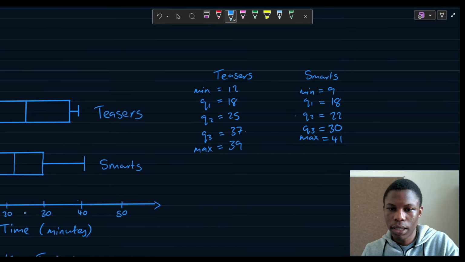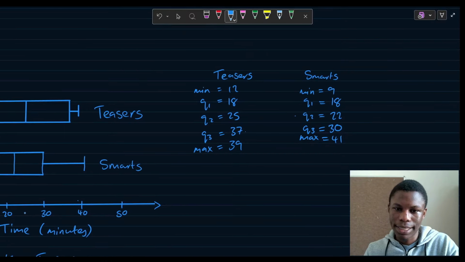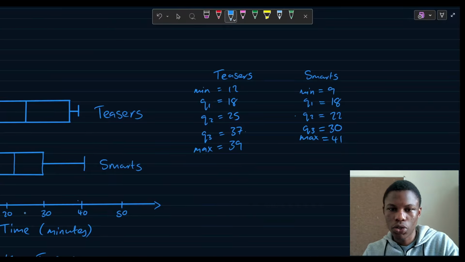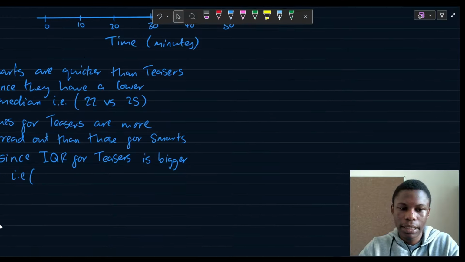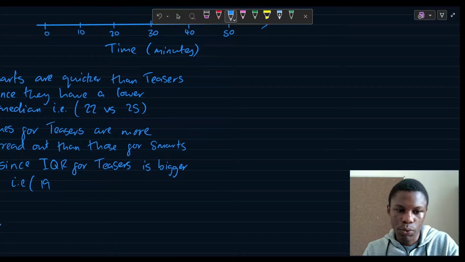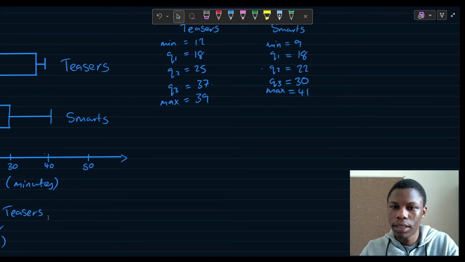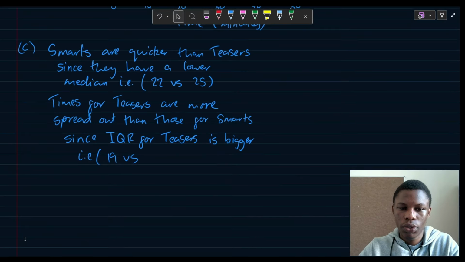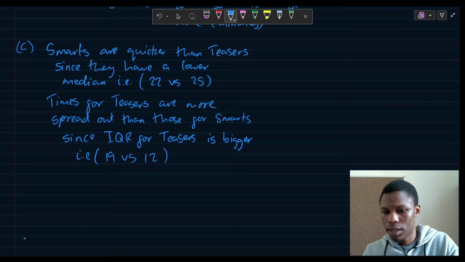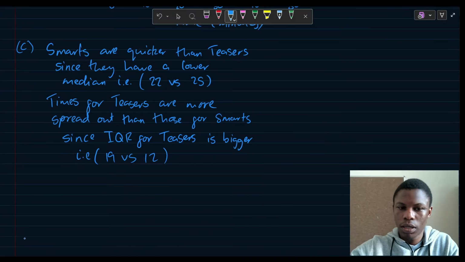It's Q3 minus Q1, so that's 7 plus 10 plus 2, that's 19. And we're comparing this to the smarts interquartile range, which is 30 minus 18, so 12. And these are the two comparisons. So that's that for question 5.